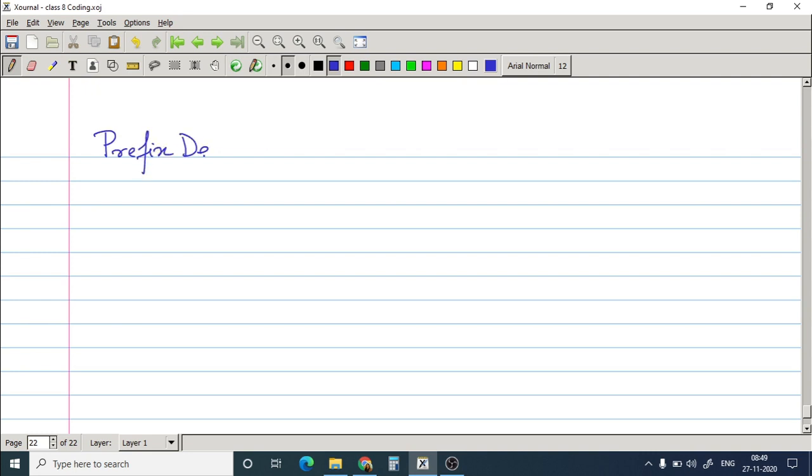I will do prefix decrement and postfix decrement. You must know, girls, that the changes are done in the memory space where the variable is saved. So postfix and prefix, let's do.